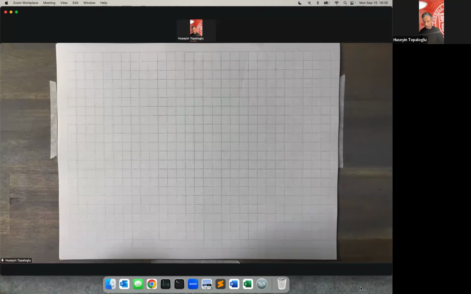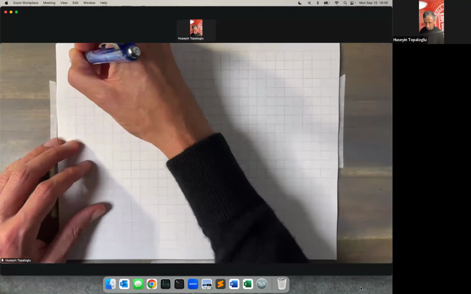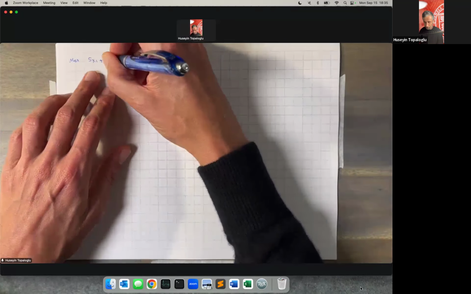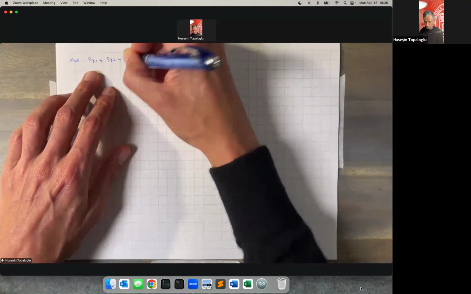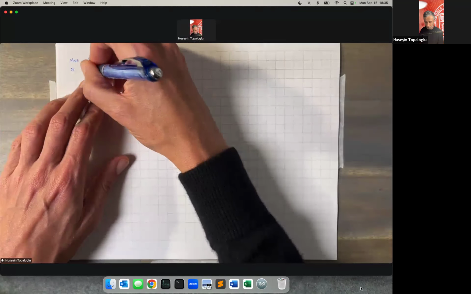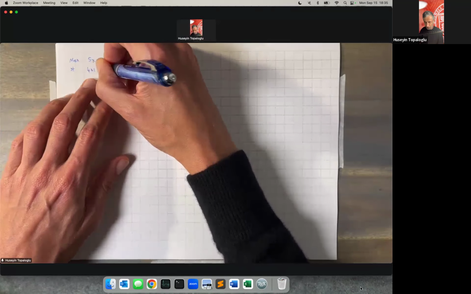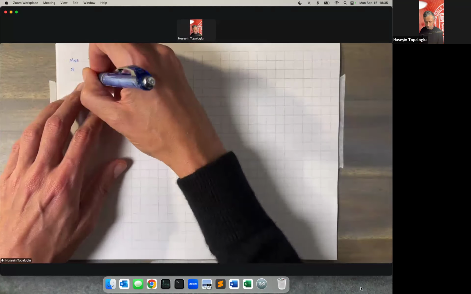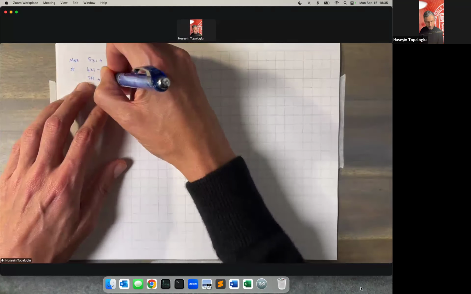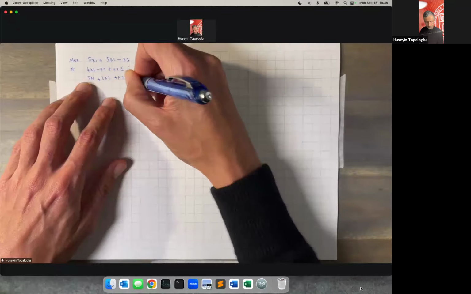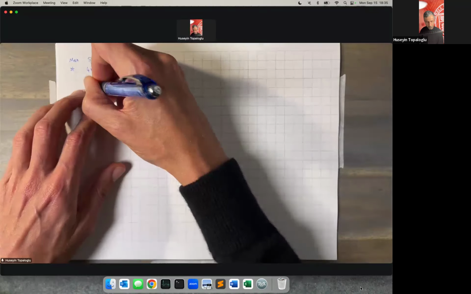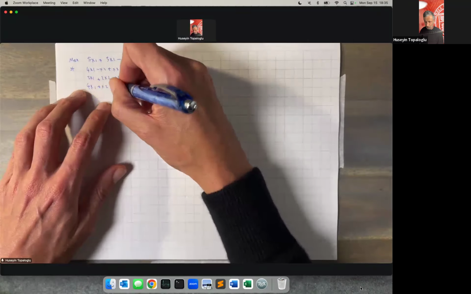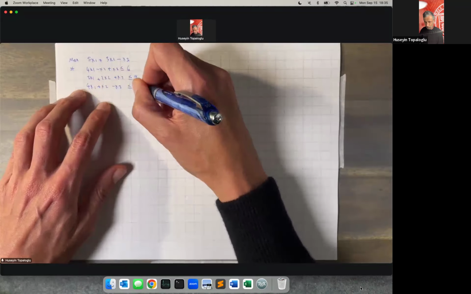Okay, so let's look at a linear program that looks something like this. In my objective function, I'm maximizing 5x1 plus 3x2 minus x3, subject to the first constraint, 4x1 minus x2 plus x3 is less than or equal to 6, 3x1 plus 2x2 plus x3 is less than or equal to 9, 4x1 plus x2 minus x3 is less than or equal to 3.